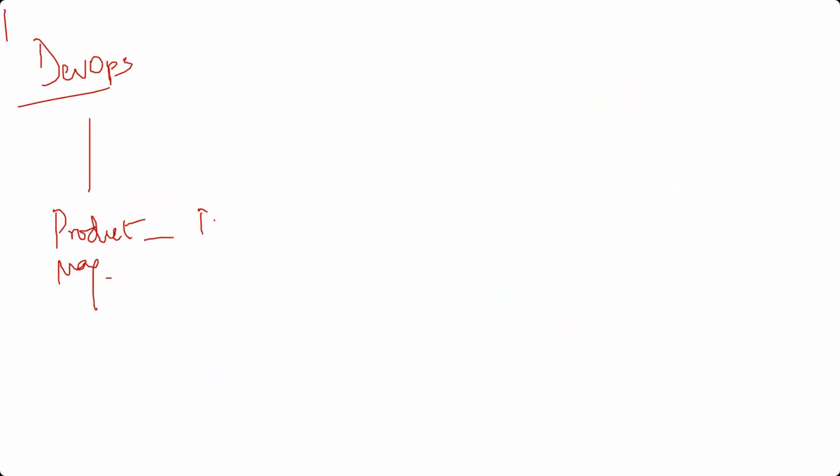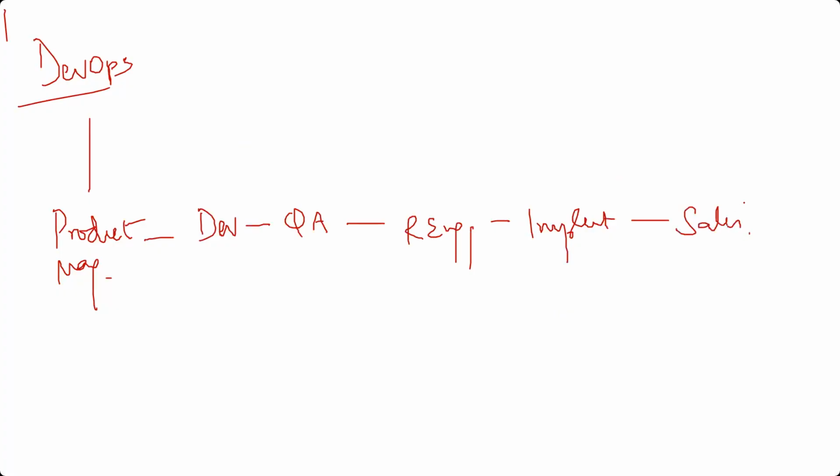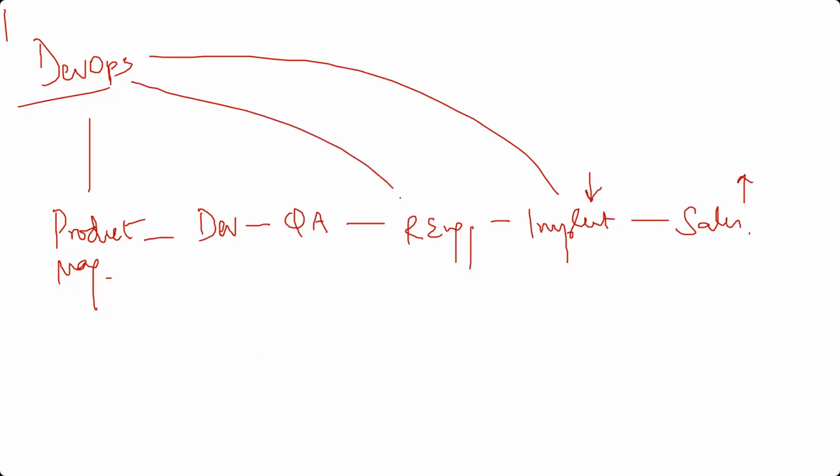Product managers work with developers. Developers work with QA. QA work with release engineers. Release engineers work with the implementation team. The implementation team will work with sales. These guys will sell the product. These guys will deploy the product. DevOps will assist everybody in all stages.